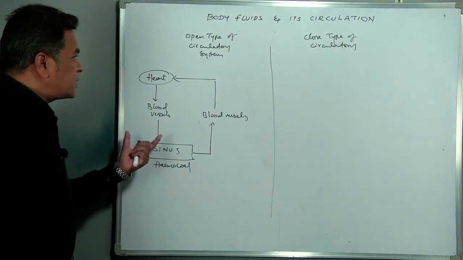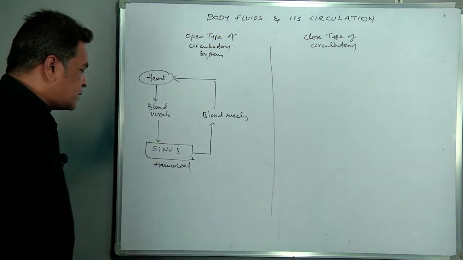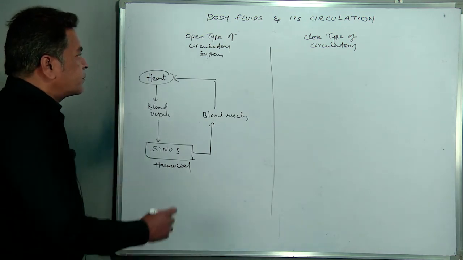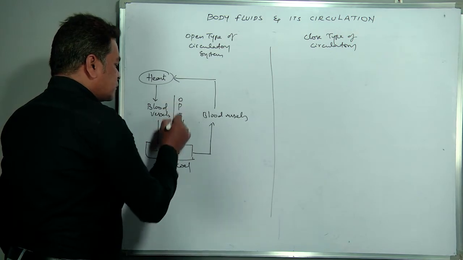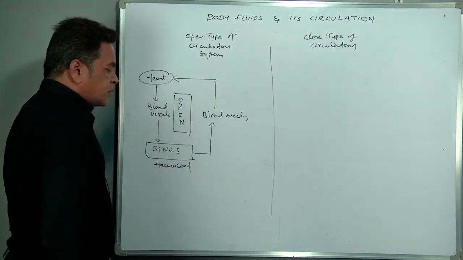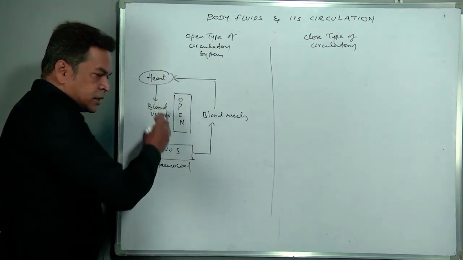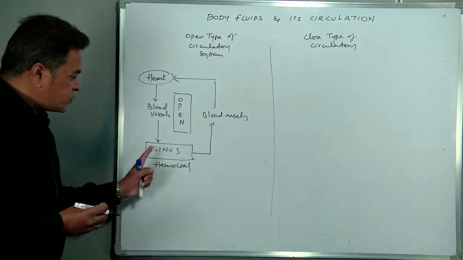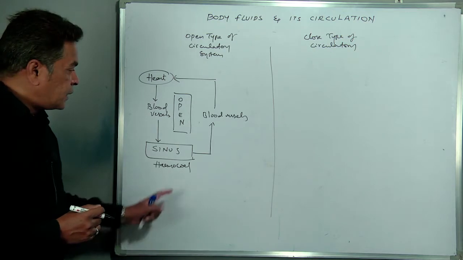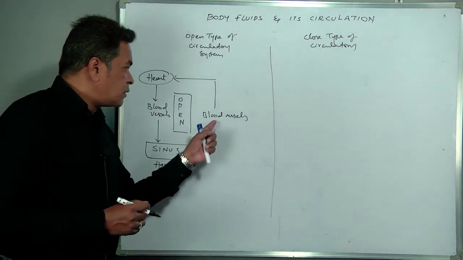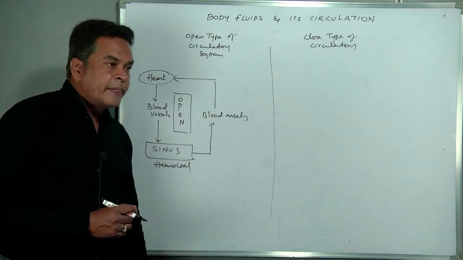So this type of circulatory system we call an open type. Open type of circulation. Why? The content of the blood comes out into the space and it goes back to the heart.